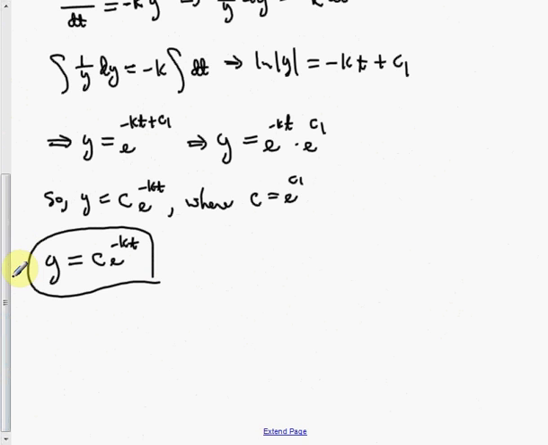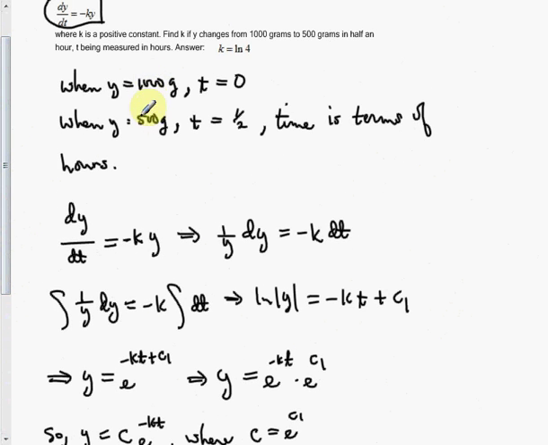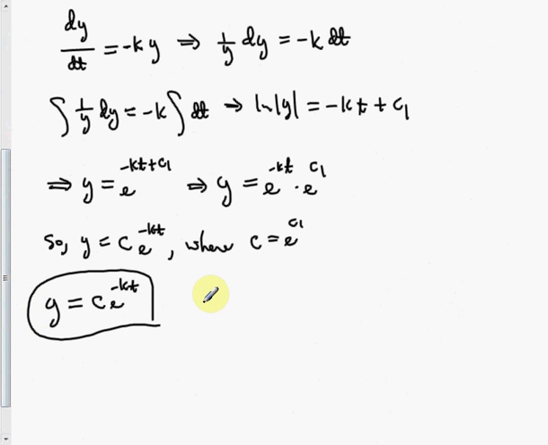So with the initial conditions, we go from 1,000 to 500 grams in a half an hour. So y is 1,000, t is equal to 0, and then when y is 500 grams, t is equal to a half an hour.